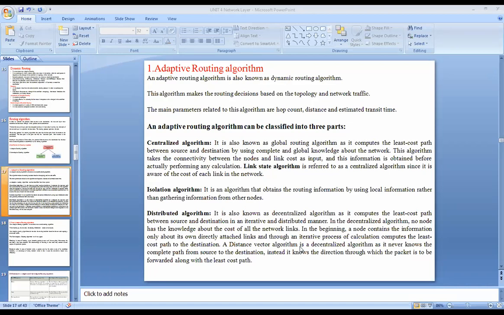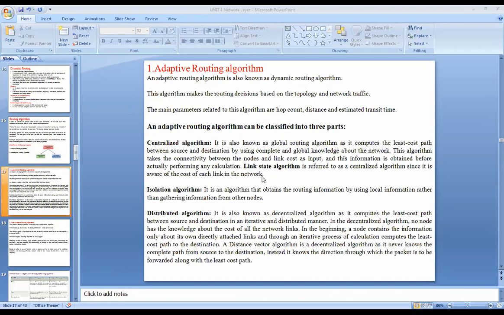In this distributed process, we use a distance vector algorithm instead of the link state algorithm.